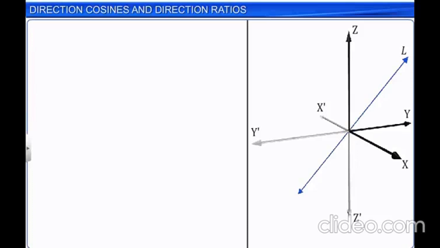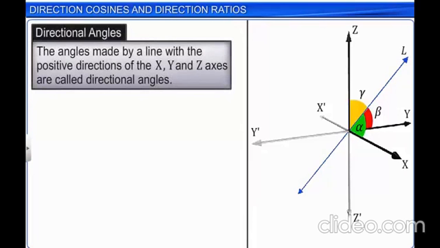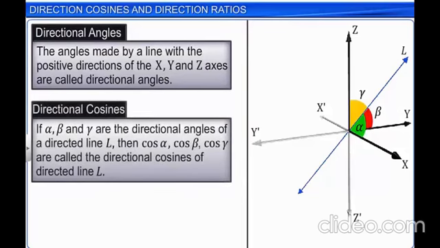You have learnt that if a line L passes through the origin in three-dimensional space, making angles alpha, beta, and gamma with the positive directions of the x, y, and z axes respectively, then the angles alpha, beta, and gamma are called directional angles of the directed line L. The cosines of the directional angles of a directed line are called its directional cosines.